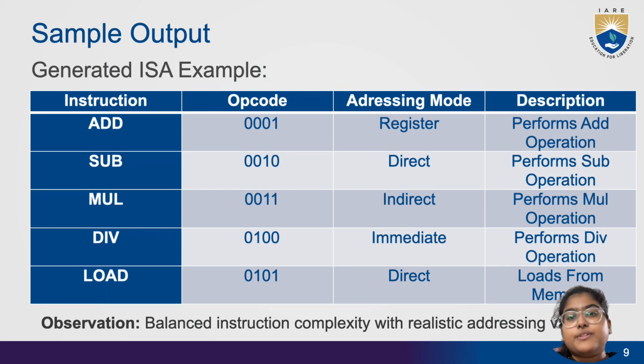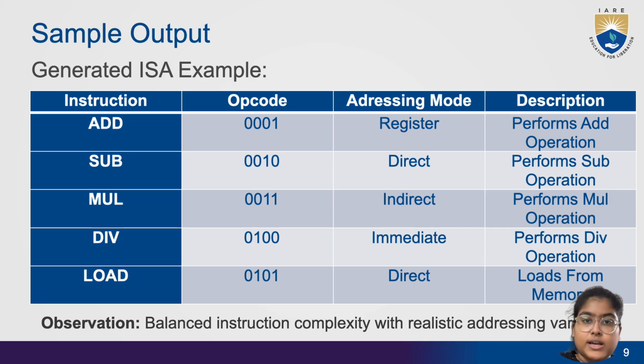Here is a sample of the output table produced by the generator. It includes instructions like add, subtract, multiply, divide, load, and store, each with unique binary opcodes and addressing modes. For example, as you can see here, the instruction add has the opcode 0001 and an addressing mode register.